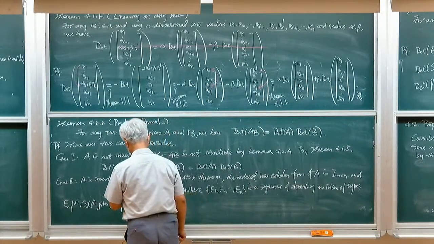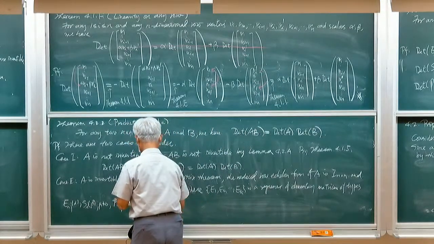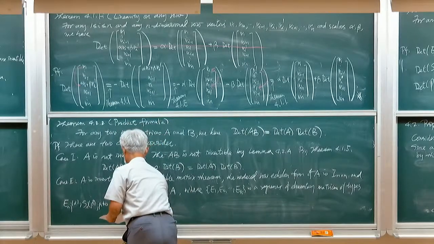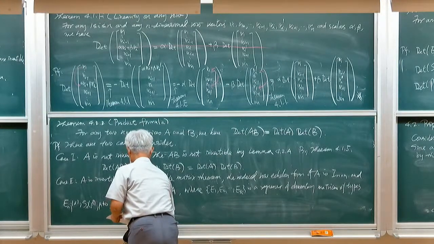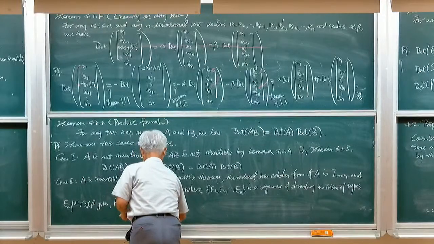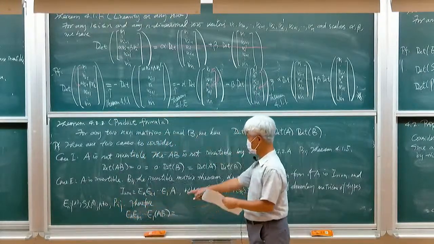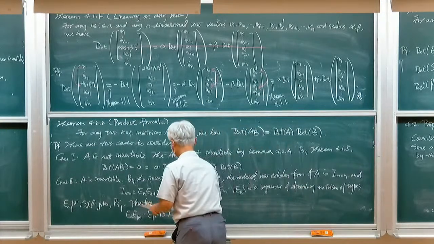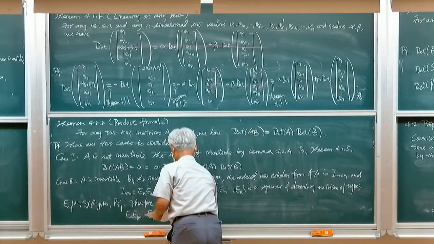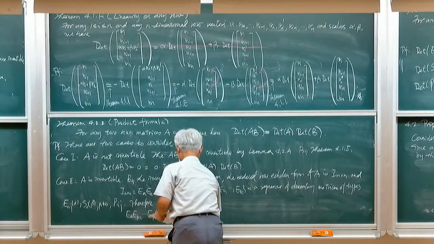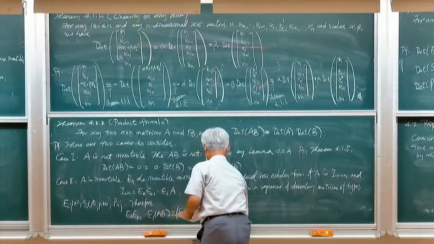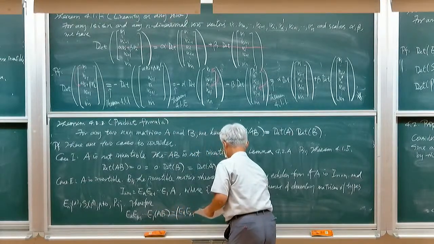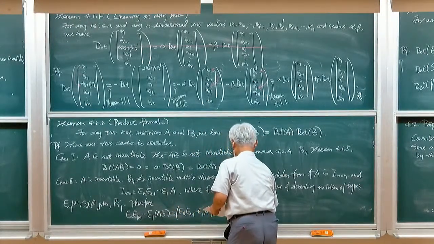And also, when we apply the same sequence to the product A times B, if we do this, we find that this is E_k, E_{k-1}, ..., E_1, A, and B. And this is B.